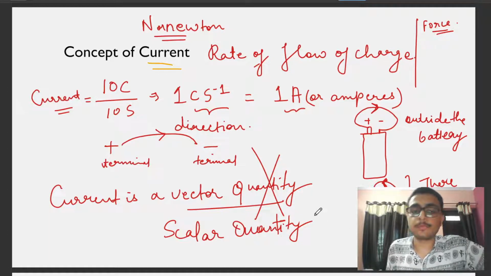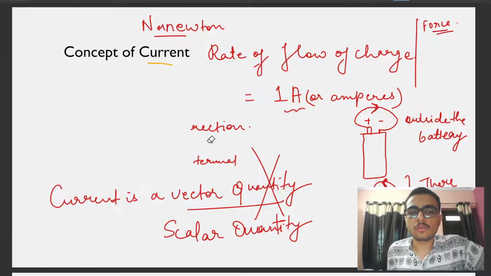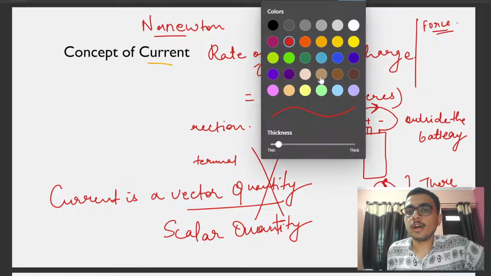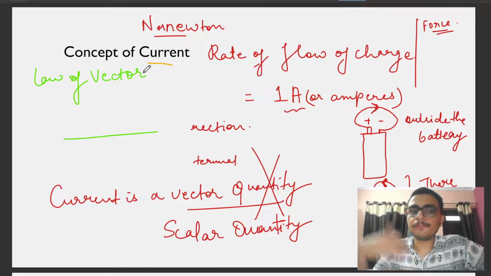Now one more thing, there is a law called the law of vector addition. Okay, let me change my pen color. We have limited space, so let's take, say, green color. So what I was saying, there is a law of vector addition which we shall study in the forthcoming lectures.